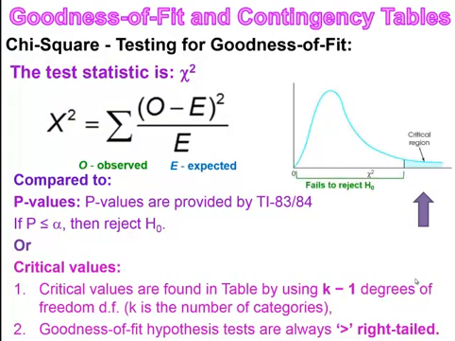So if our test statistic is not in the shaded region, we would fail to reject the null hypothesis. If it falls into the shaded region, we would reject the null hypothesis. So you're testing, is your test statistic greater than your critical value? If it's a false statement, we would fail to reject the null hypothesis.